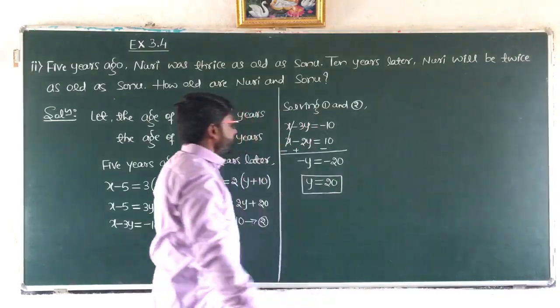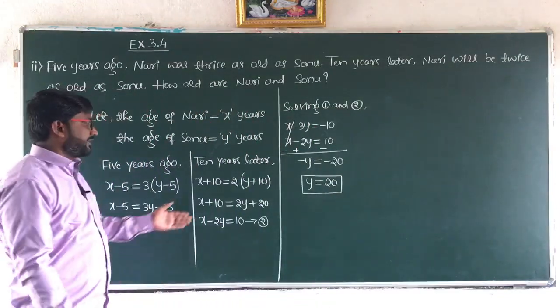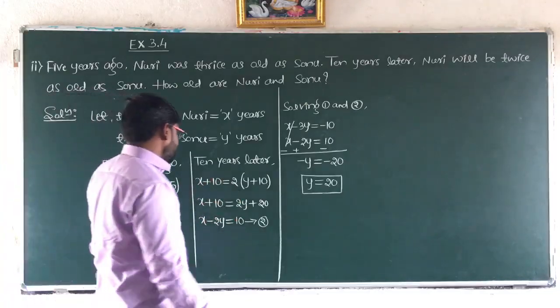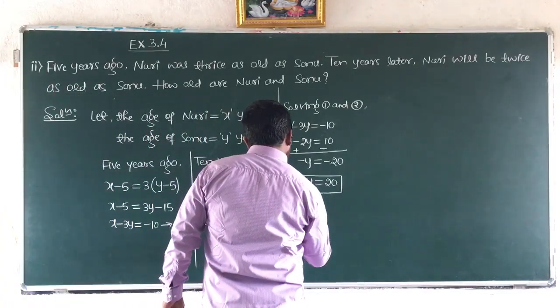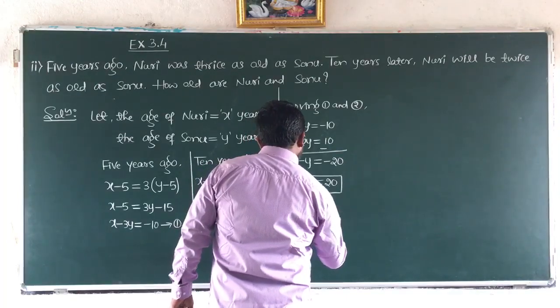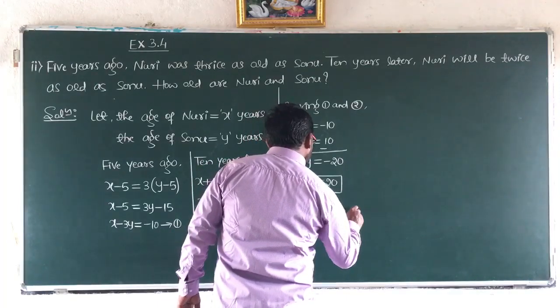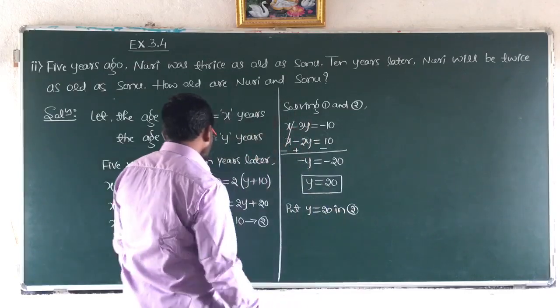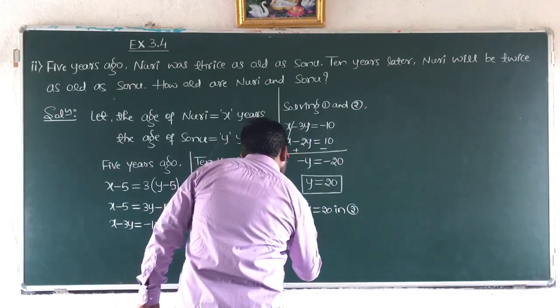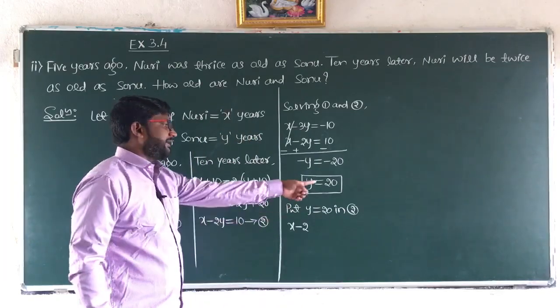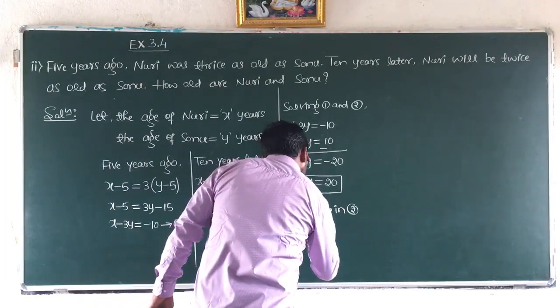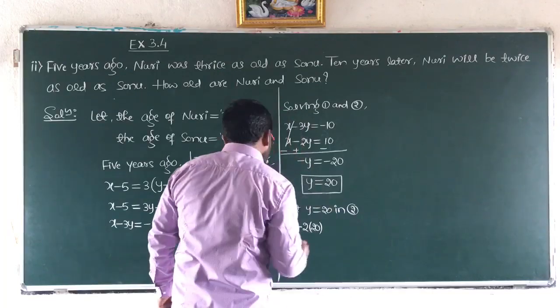Now substitute y equal to 20 in any one of the equations, we get the value of x. So here put y equal to 20 in equation number 2. So x minus 2, in place of y I write 20, which is equal to 10.